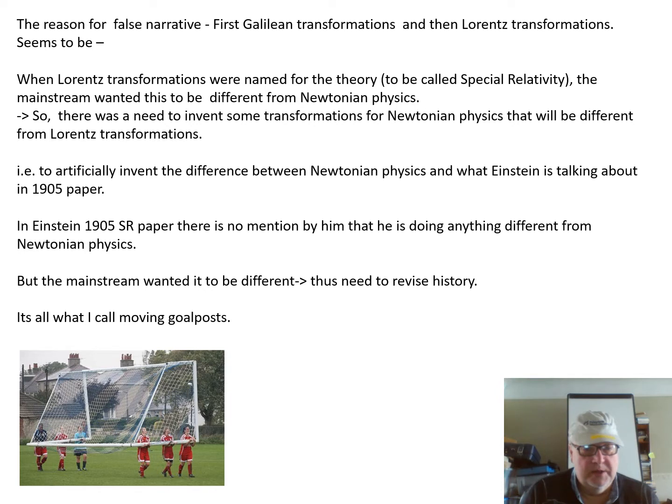In Einstein's 1905 special relativity paper, there is no mention of him doing anything different from Newtonian physics, but the mainstream wanted it to be different, thus there was a need to revise history. It's what I call moving goalposts.